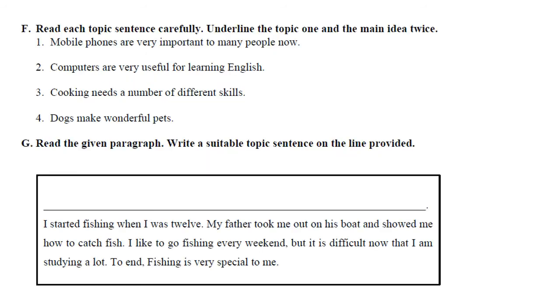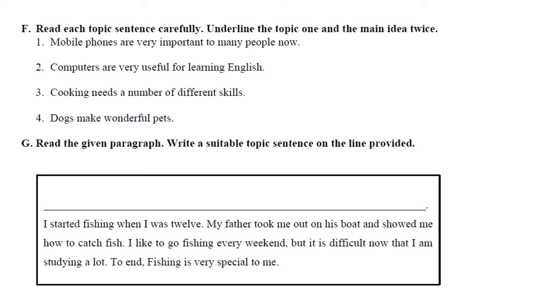Let's move on. Read each topic sentence carefully. Underline the topic once and the main idea twice. Number 1: mobile phones are very important to many people. Now, do you still remember what we said about a topic sentence and the main idea?